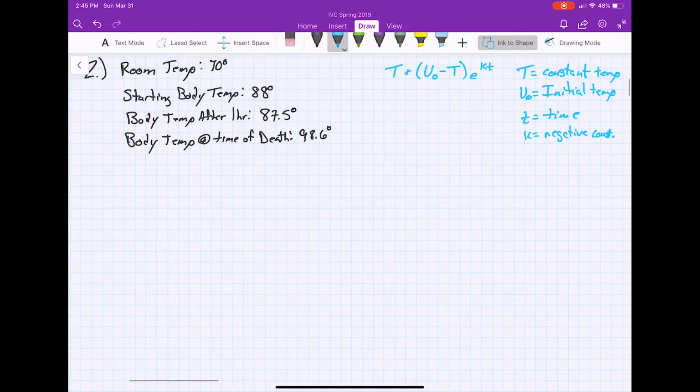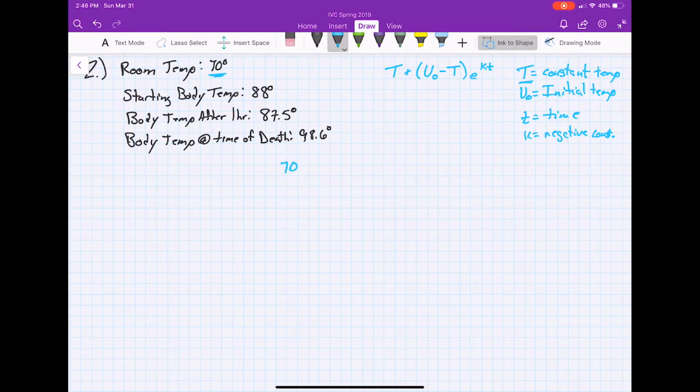So what are we going to do here? Well, again, we need to figure out what k is. We know the time, it gave it to us already, it was 1. So let's start plugging these into our formula.